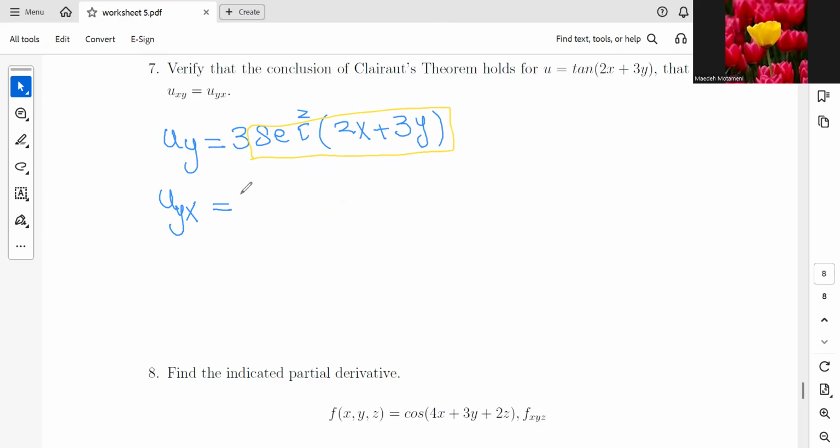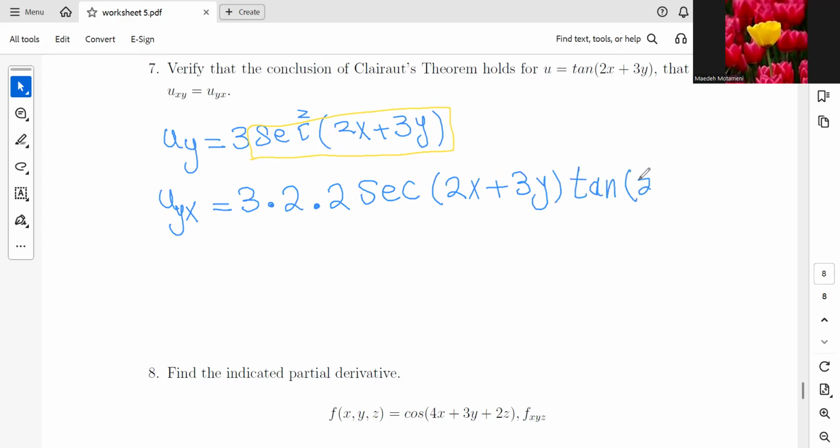So again, it will be the coefficient, it will be the power, and it will be the derivative of the inside with respect to x. This is why we write 2 here. And the derivative is secant of whatever we have, tangent of whatever we have, times the box with a power 1 less, which is secant of 2x plus 3y.